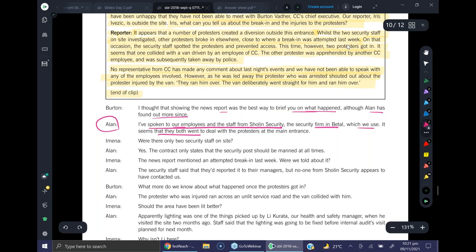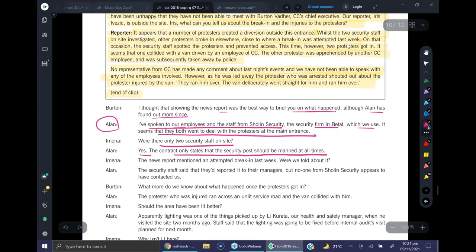It seems that they both went to deal with the protesters at the main entrance. Amina, were there only two security staff on the site? Alan: Yes, the contract only states that the security post should be manned at all times.